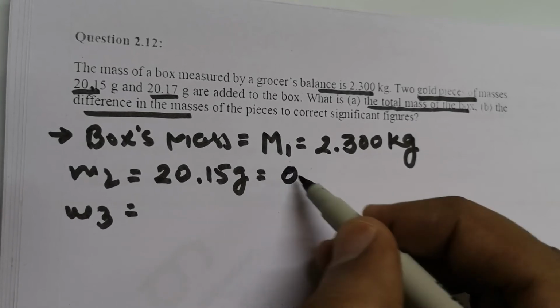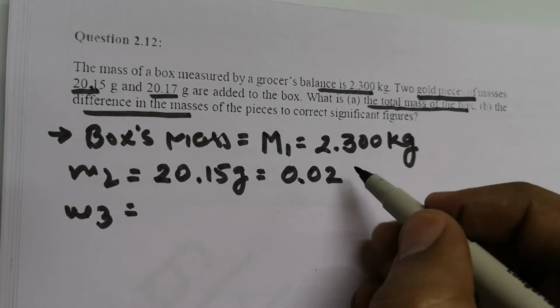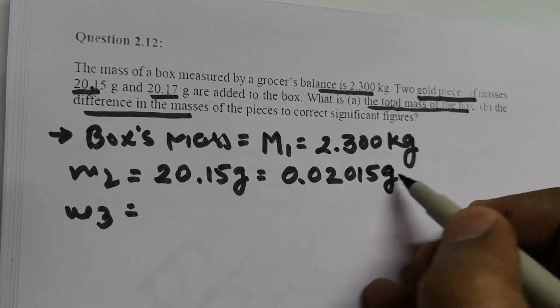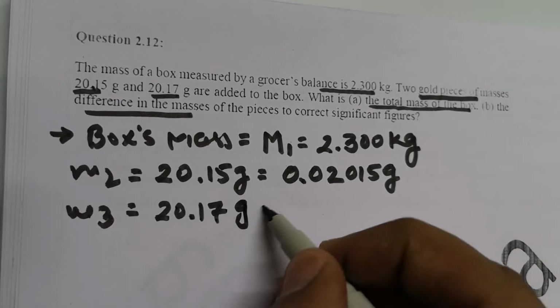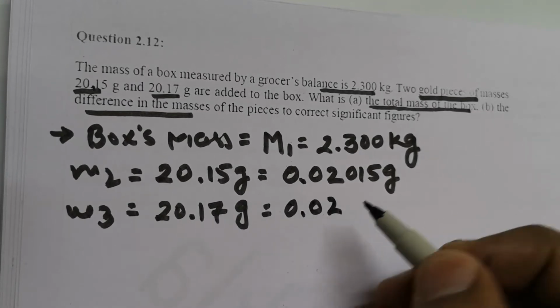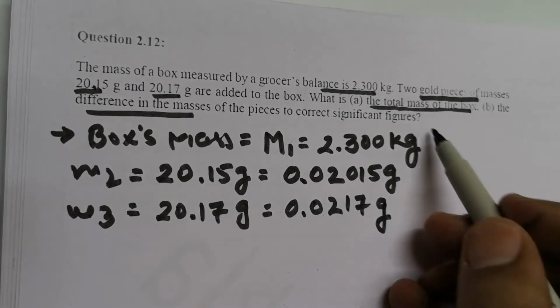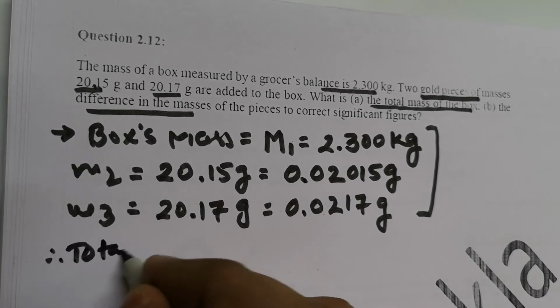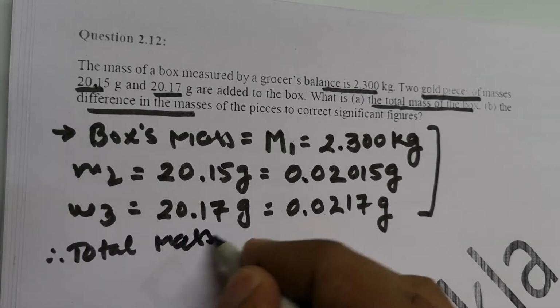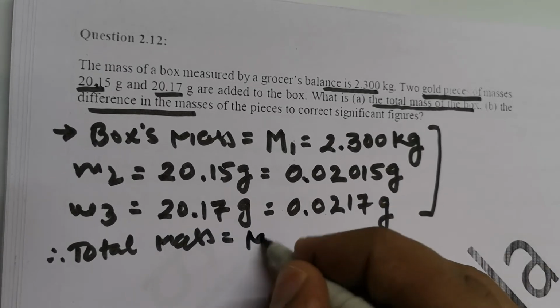So I'm just using 0.02015 kilogram. I have another data that is 20.17 gram, so 0.0217 kilogram. So this is my data. I have to find the total or net mass. So I am taking the addition of all.